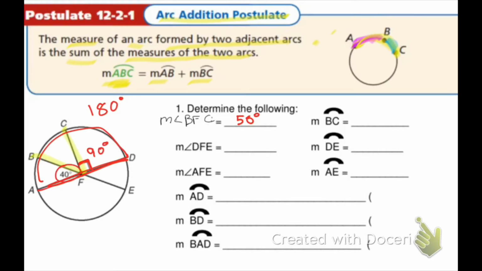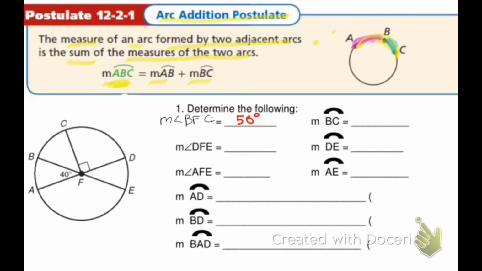I have 40 degrees right there. So my unknown would have to be 50 degrees, because 90 plus 40 plus 50 equals 180. Or what we could look at too is that I have 90 degrees right here, so 40 plus 50 equals 90.